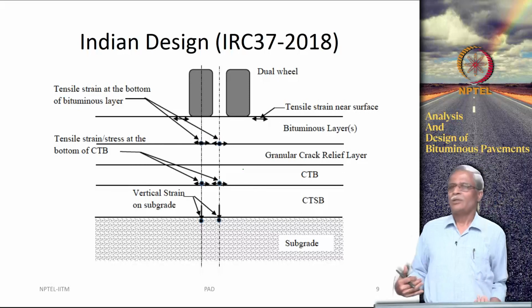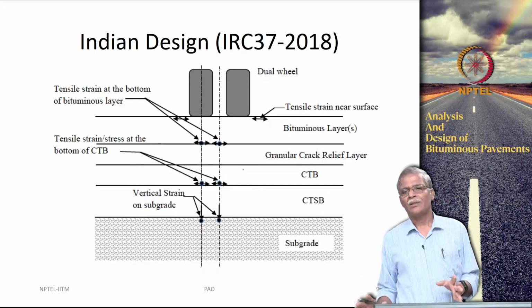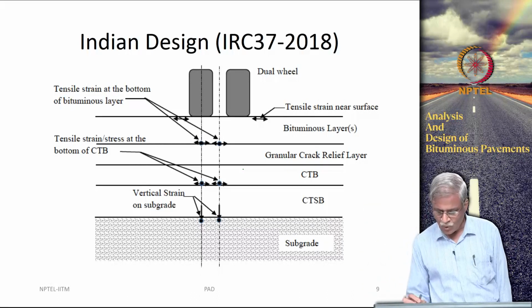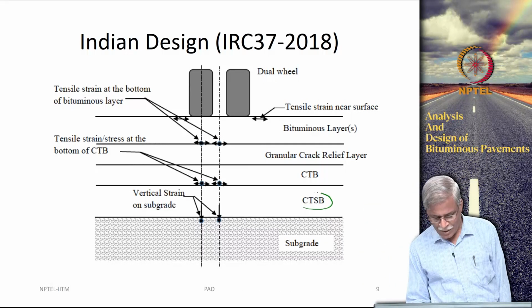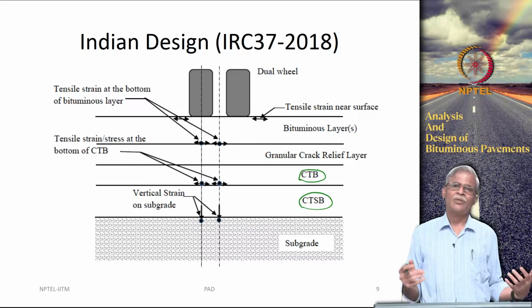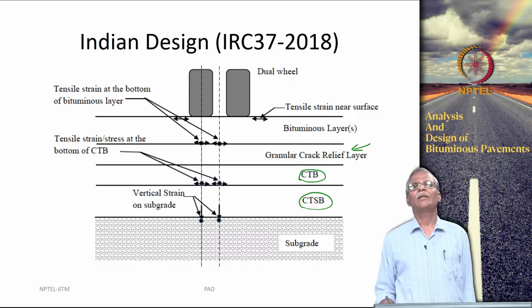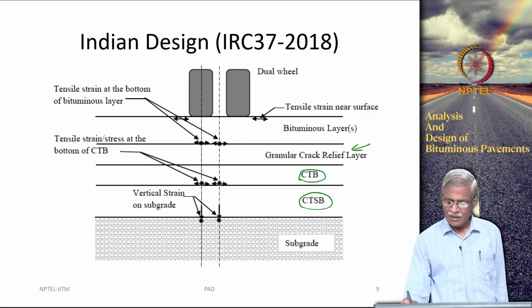There are many other cross sections that are given in IRC 37. You are advised to go and take a look at it, but I will just talk about a few. There is a cement treated subbase, there is a cement treated base, and because of this stiffness there is a necessity for something like a crack relief layer and then the bituminous layer.